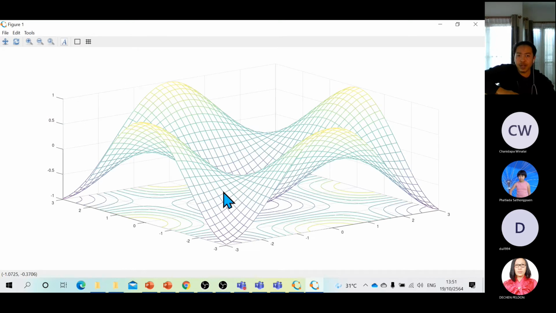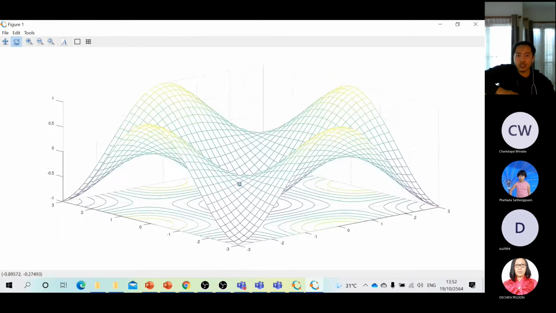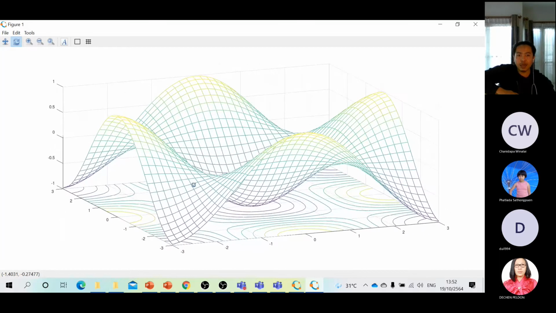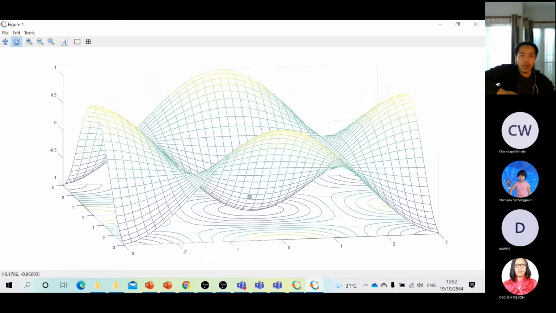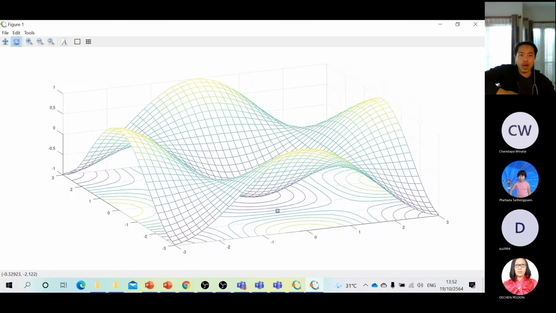Okay, very nice. I can rotate the graph, and you can see that in the middle you have a minimum, 0, 0, there as the mouse is pointing. What about 0, pi? What about 0, pi?